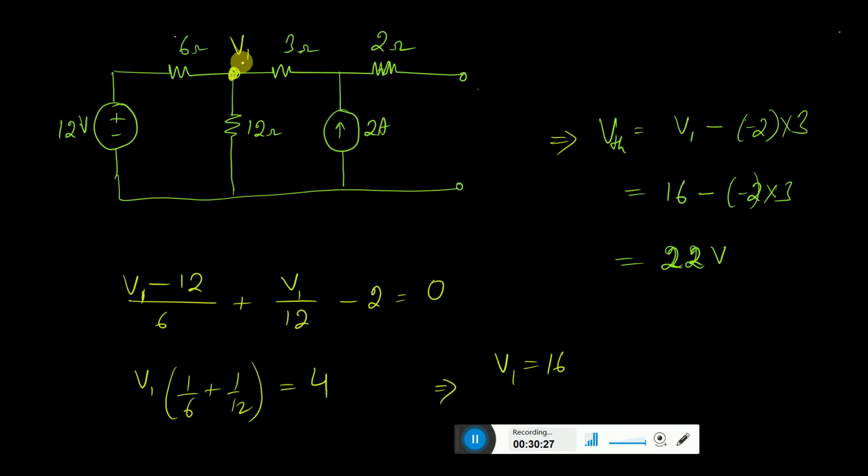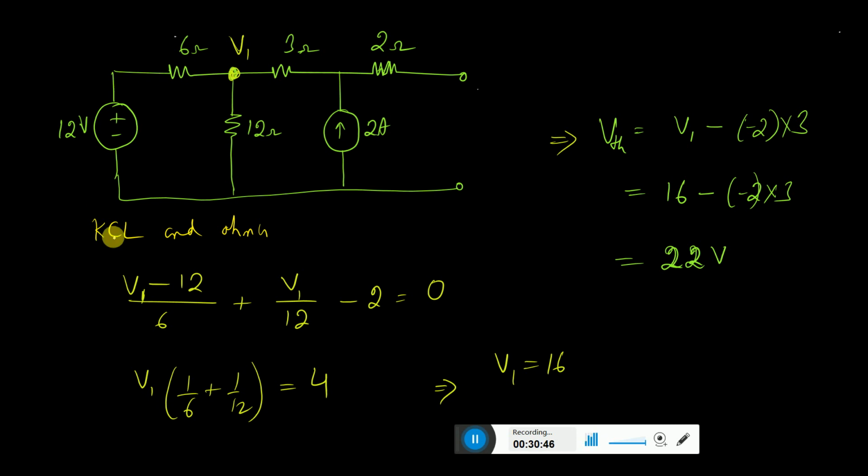Applying node analysis, this is just V1. You can write, applying KCL and Ohm's law at node 1, V1. Here all the currents are assumed to be going out.